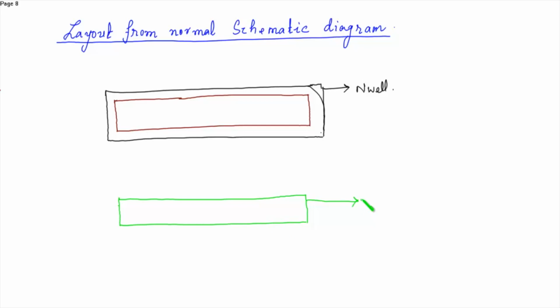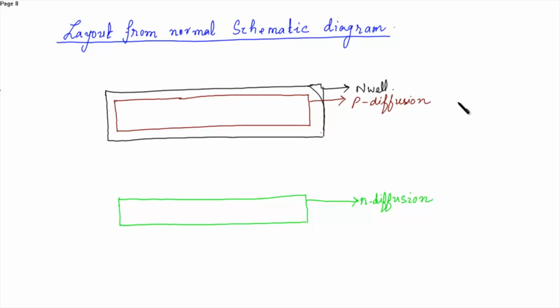So this is the N diffusion layer. And label the P diffusion layer. This is the P diffusion layer.